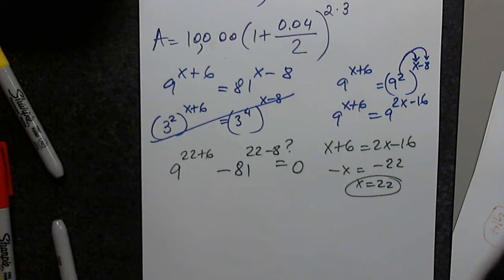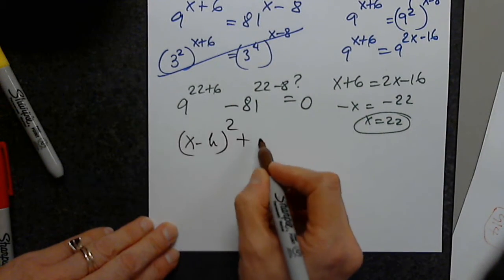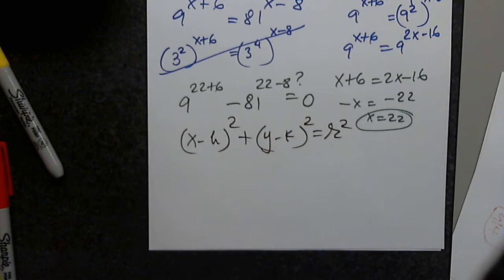The center is (h, k). So x minus h, everything squared, plus y minus k, everything squared, equals r squared. Yes.